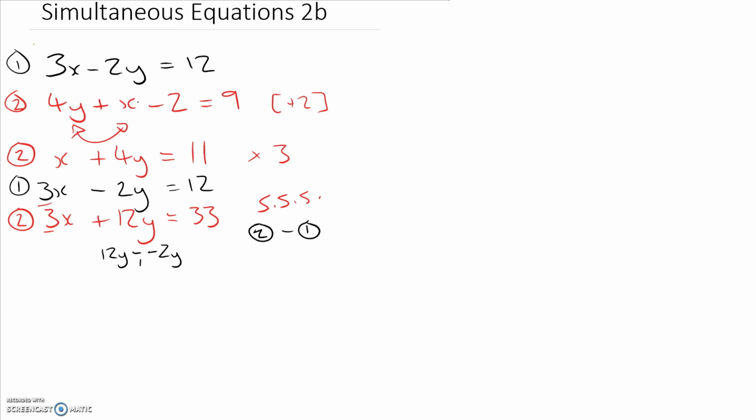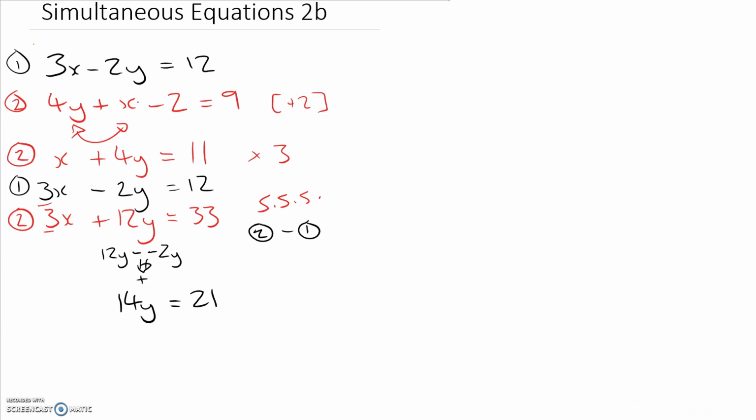If you're screaming at me, whoa, double negative, turns to a positive, then well spotted. So 12y, take away a negative 2y, is going to give me 12y plus 2y. This gives me 14y. Okay. 33, take away 12, that gives me 21.